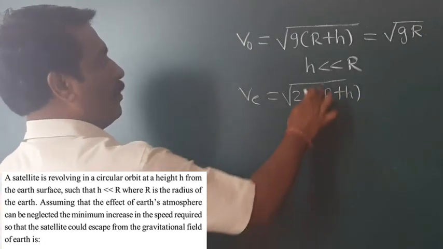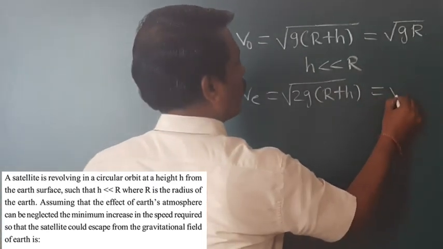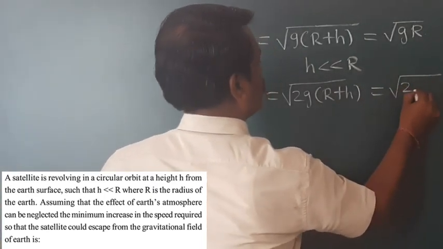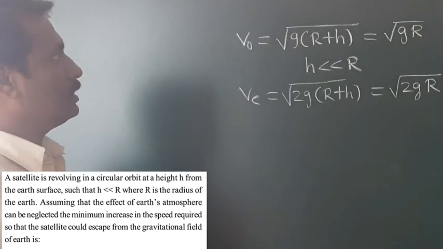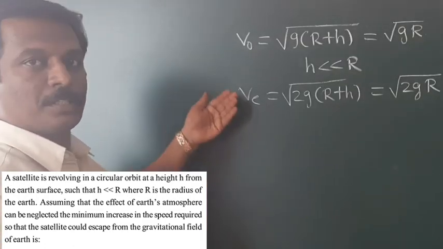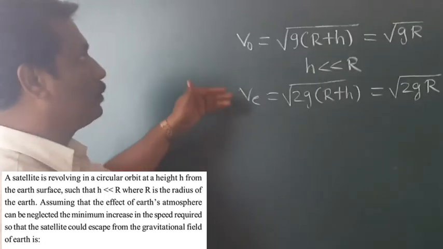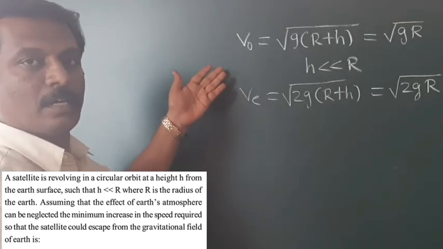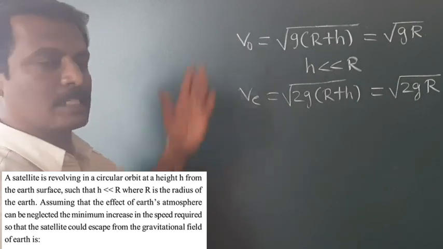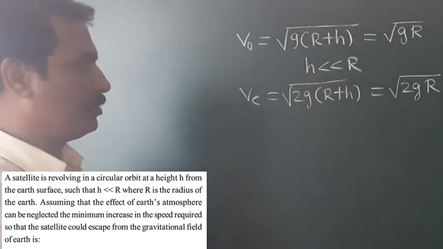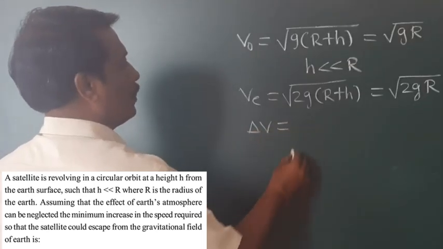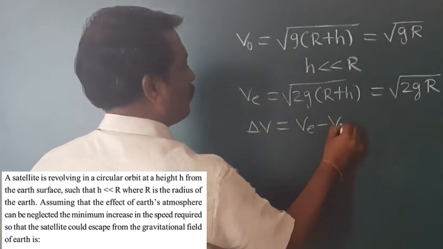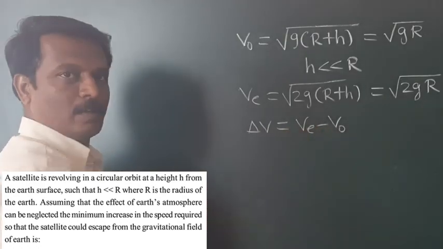Again here h is very much smaller than r, therefore we can write it as square root of 2gr. So now the question is, what should be the increase in the velocity of the planet so that it escapes from the Earth's gravitation force. Therefore the change in velocity can be written as v minus vo. This is normal orbital velocity, so this is escape velocity.